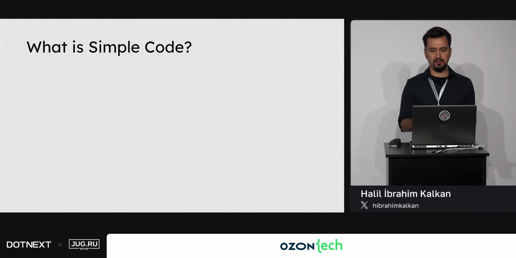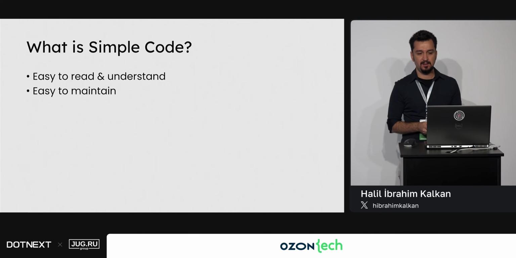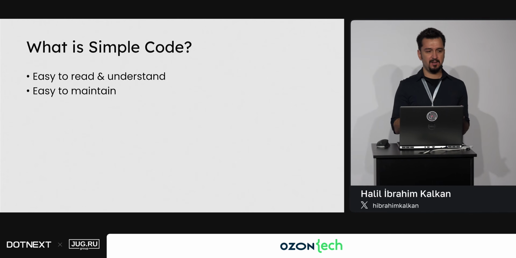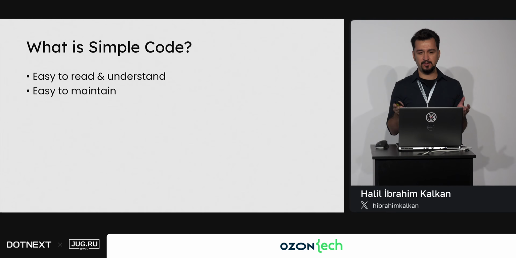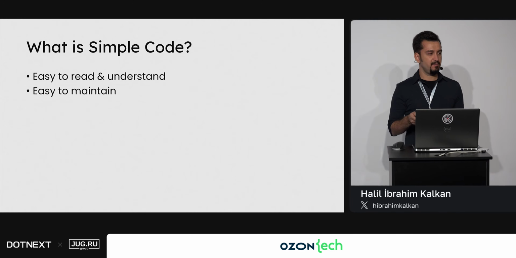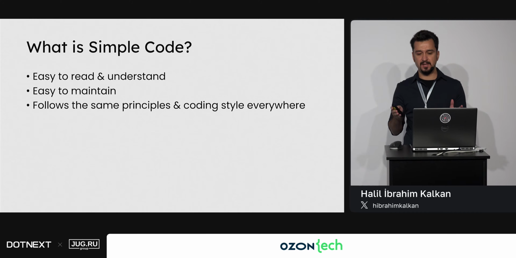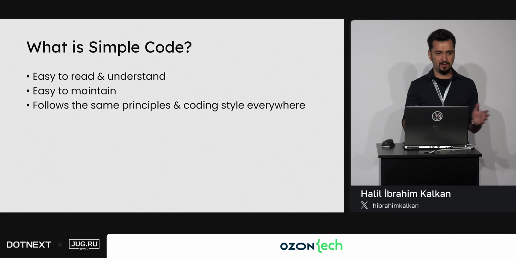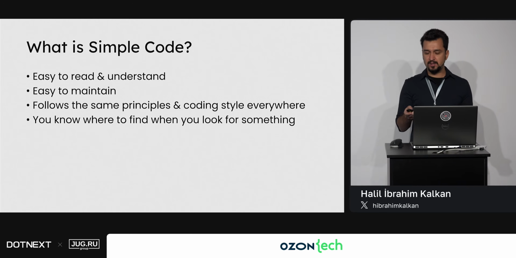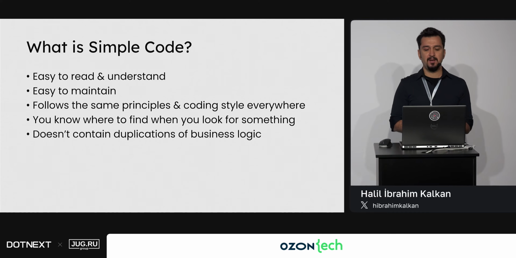But what is simple code? Simple code is easy to understand, easy to read, easy to maintain. This is maybe the main purpose of every software pattern, including domain-driven design: to create a maintainable code base. It follows the same principles and same coding style everywhere in the solution, so you can easily know where to find something when you look for it.